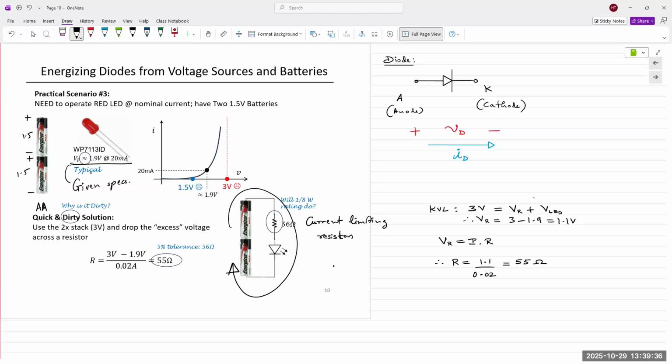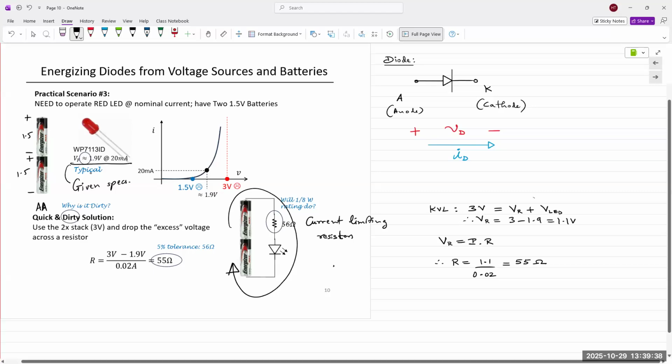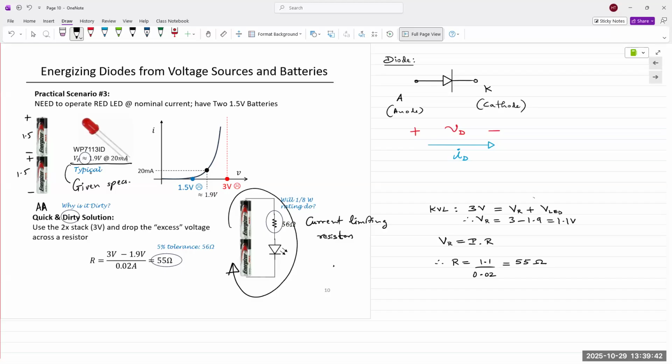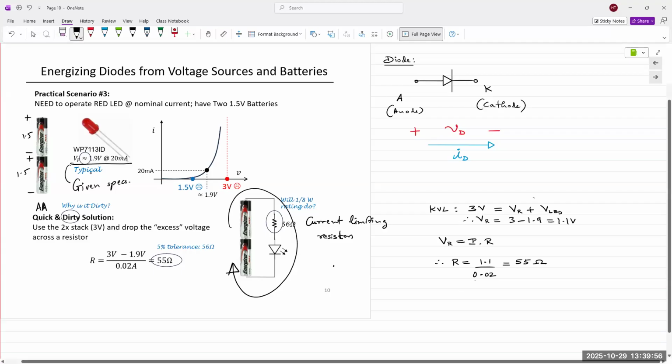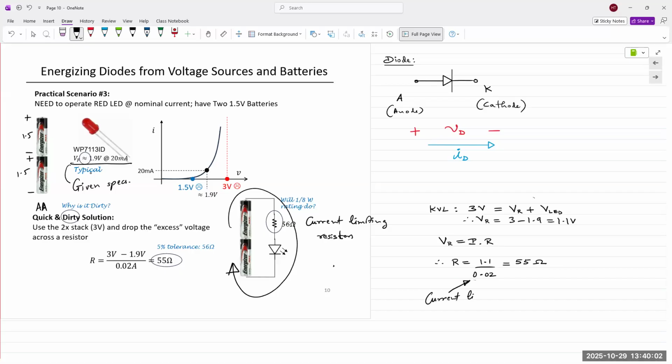And so the maximum current that I want in my circuit should not exceed 20 milliamps. If we said we could go up to 30 or no more than 10, we would simply take this value and change it out. So this value here is my current limit.